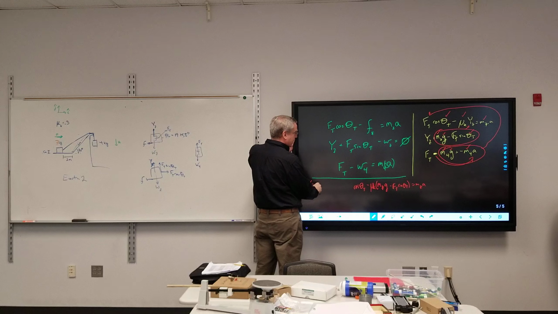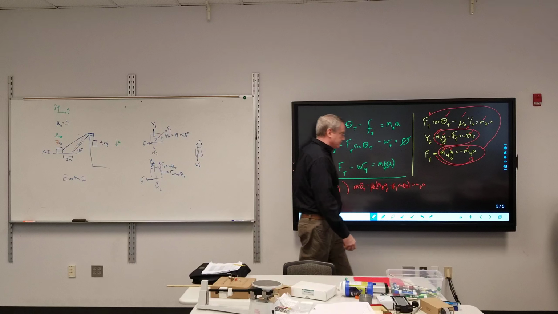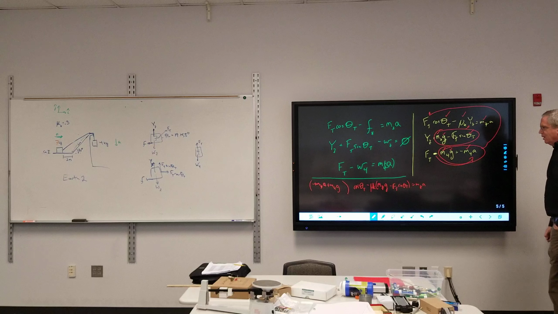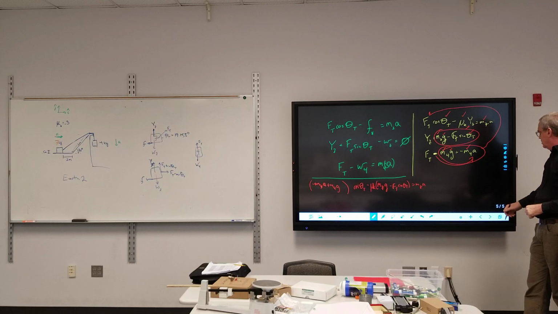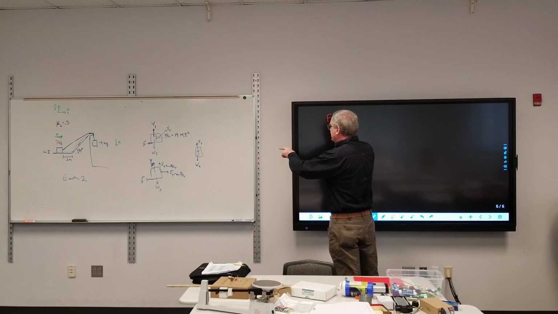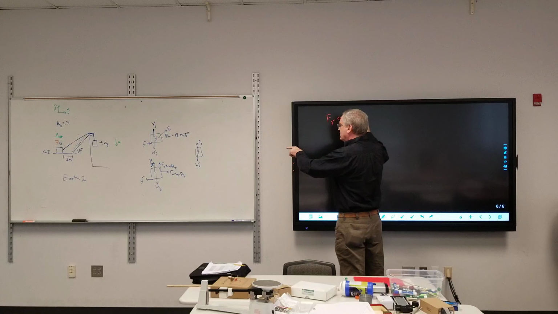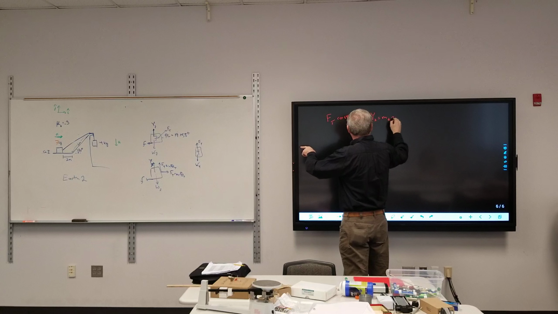So we're left with negative M4A plus M4G times the cosine of theta T. So at this point, oh, I've got another tension there to substitute in. All right, I'm gonna restart that. So we had FT cosine theta T minus mu K Y7 equals M7A.